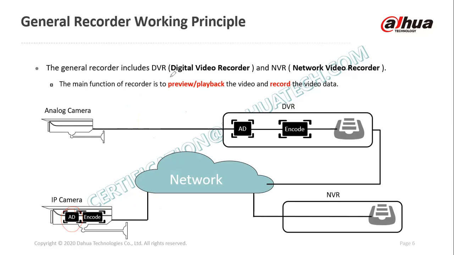So the main difference between an analog camera and an IP camera, in technical terms, is that an IP camera transmits an encoded signal, a digital signal, while this one transmits an analog signal here. That's why you need to do conversion from analog to digital, then encoding, then storage. While in an IP camera, the conversion and the encoding are done at the camera. That's why you can transmit the information over a network. You can even view the information directly on your computer without having this end side here. So that's the main difference.